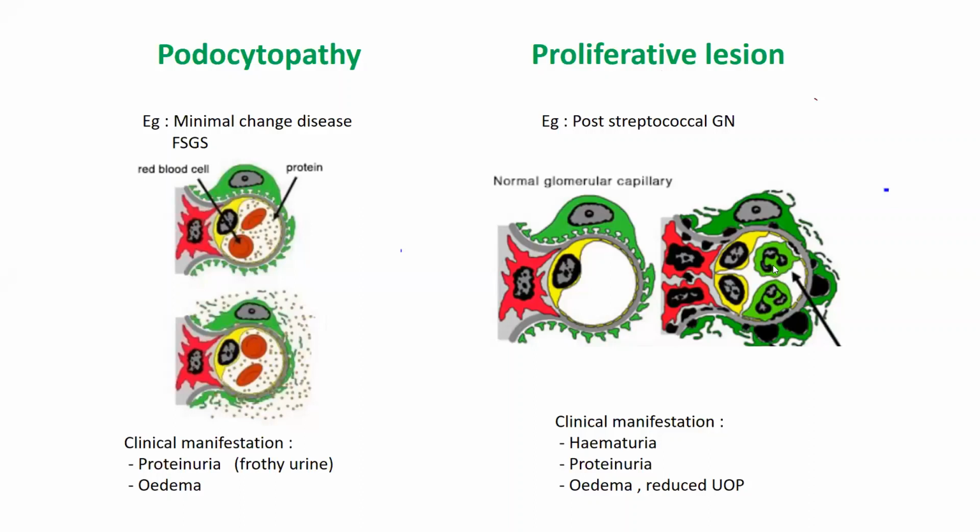For example, you will start getting hematuria because the red cells will go out of the circulation. Protein will go out of the circulation. And you can understand, with a lot of cells within these capillaries, the glomerular filtration is also going to go down. So clinically, this will manifest as hematuria, proteinuria, reduced urine output. And a classic example of this is your post-streptococcal glomerulonephritis.